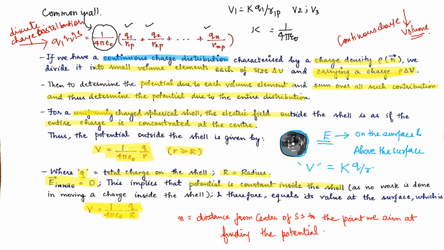So that is small r. Now capital R is the radius of the spherical shell.